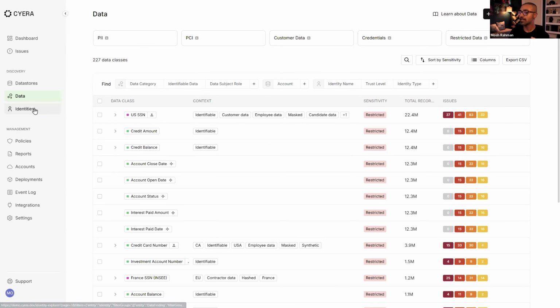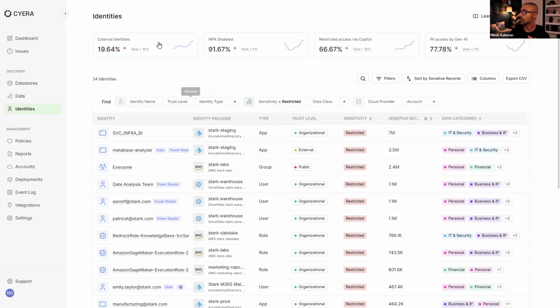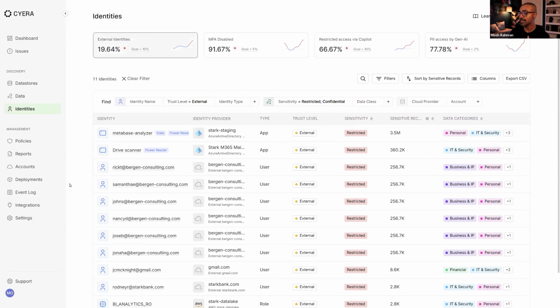Then the next question is, who has access to that data? Well, we can see things like, show me all of the public access that has access to my sensitive data, all the public, like anonymous identities. We can look at things like external identities. Maybe you have contractors from a different domain that have access to your sensitive data, and you can validate that.